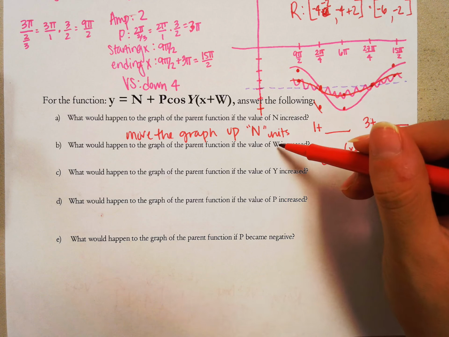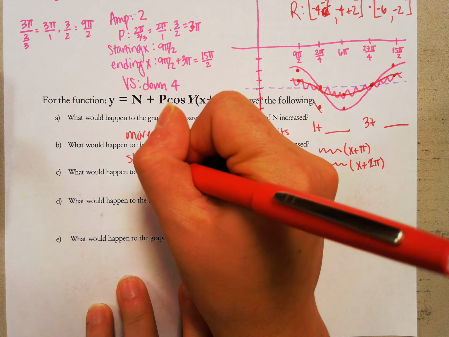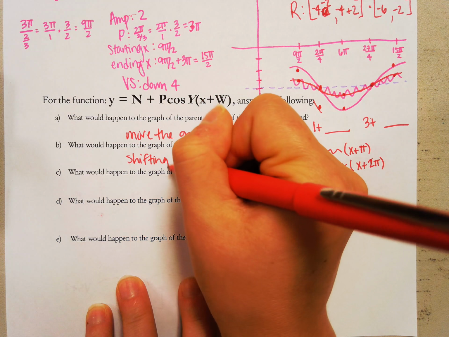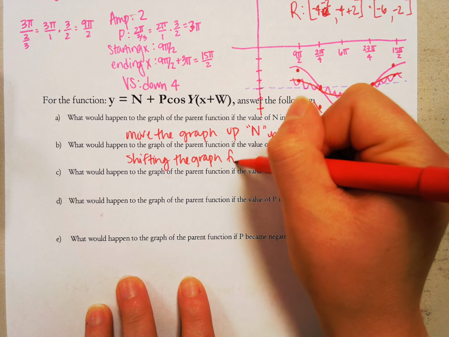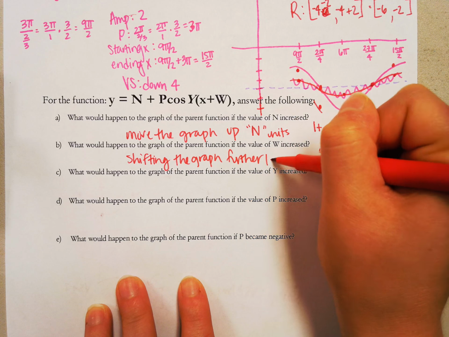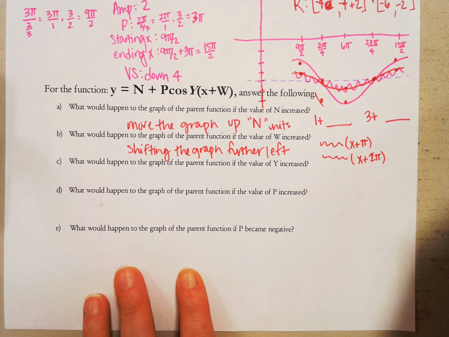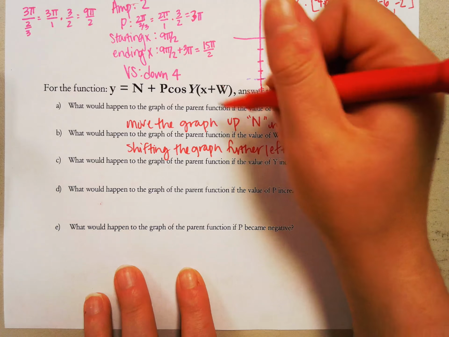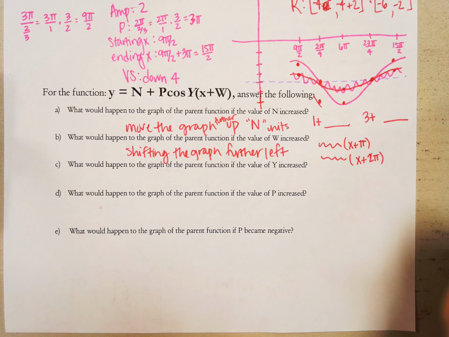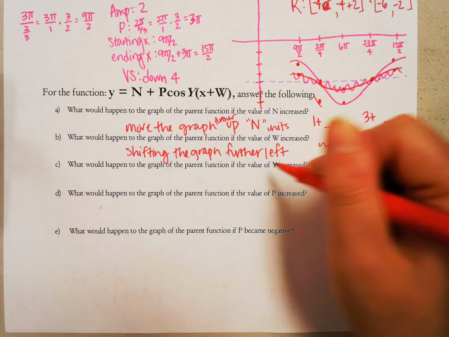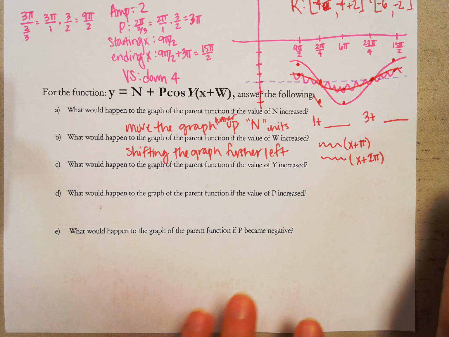So if w increased, we are shifting the graph further left. I guess we would say further up too, shifting the graph further up that many units, shifting the graph further left that many units.